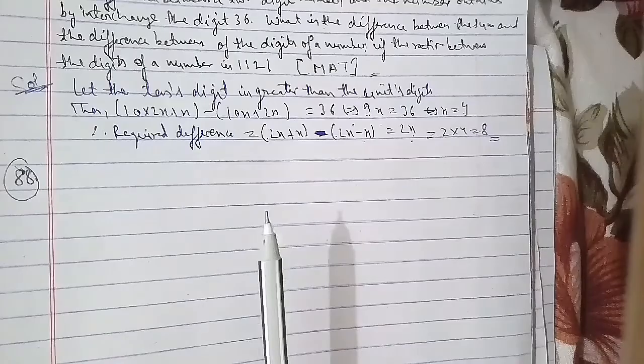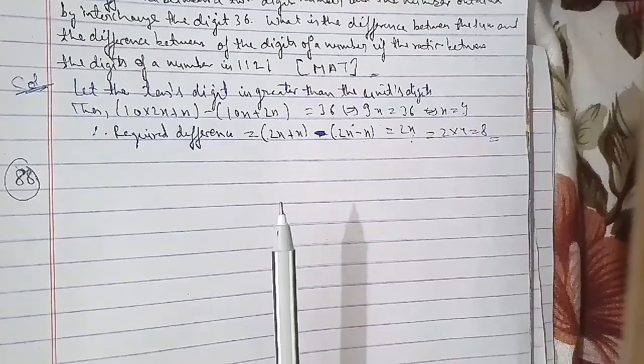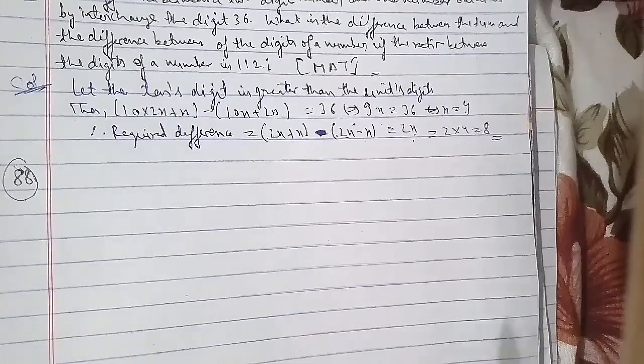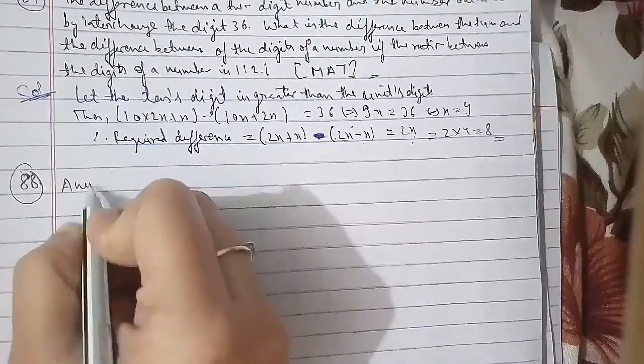A number consists of 3 digits whose sum is 10.